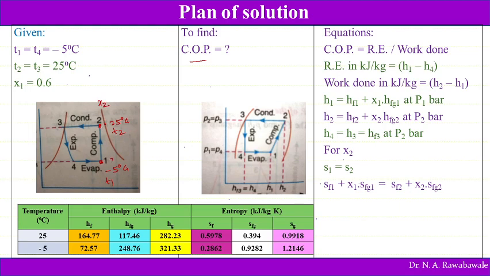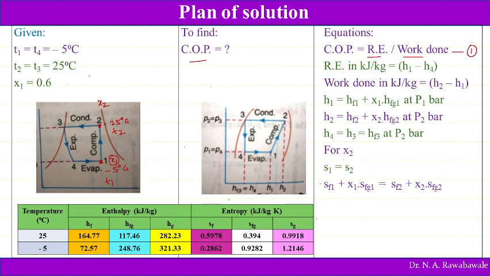So here we have to find the dryness fraction of the refrigerant at point 2, X2. The dryness fraction at point 1 is known to us. COP of the refrigerator is given as refrigerating effect divided by work done, the same way as the first problem. This is equation number 1.